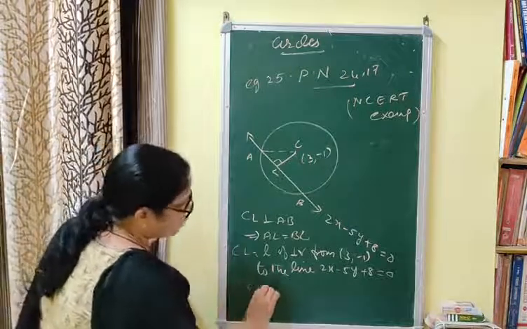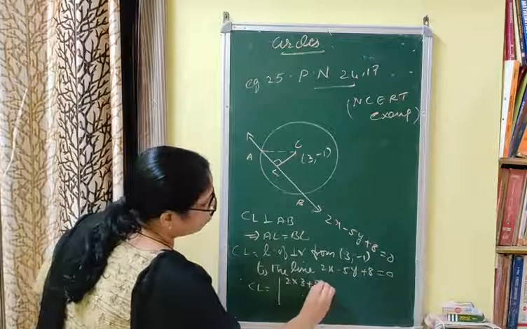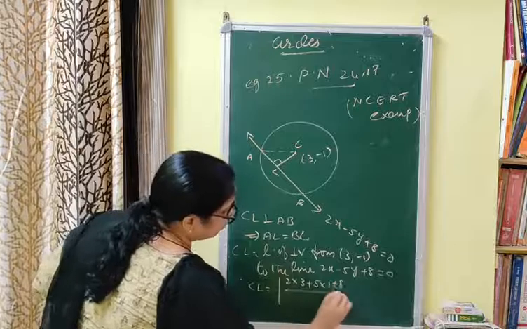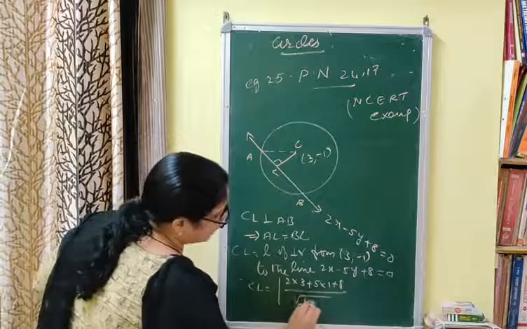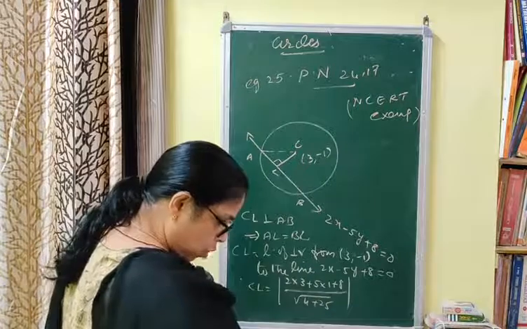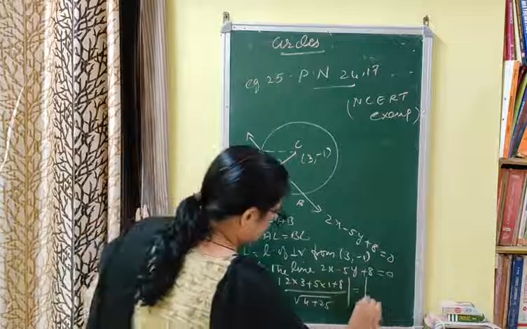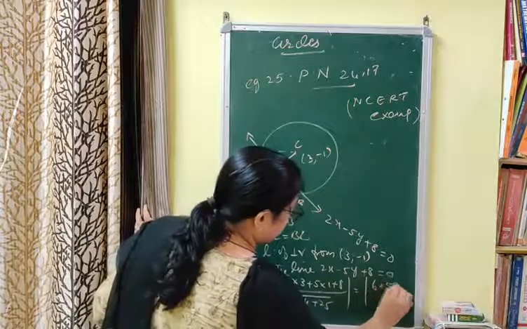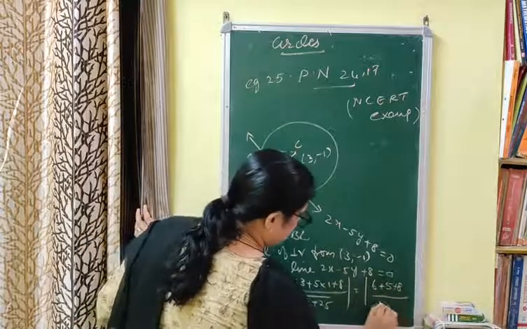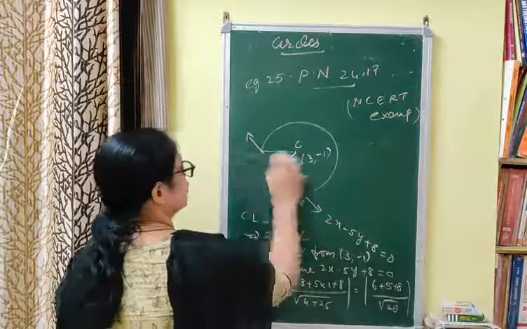Therefore CL is equal to mod of 2 into 3 plus 5 into 1 plus 8 upon under root of 4 plus 25. That means this becomes 6 plus 5 plus 8 upon root 29. It is the distance.